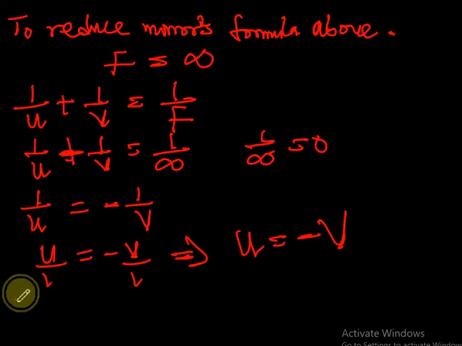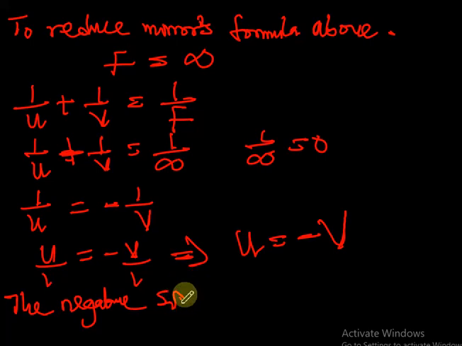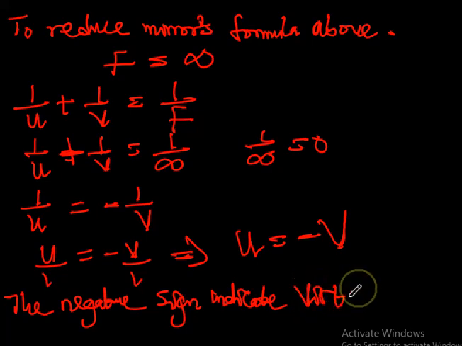So the negative sign indicates a virtual image. That is, a plane mirror forms a virtual image.